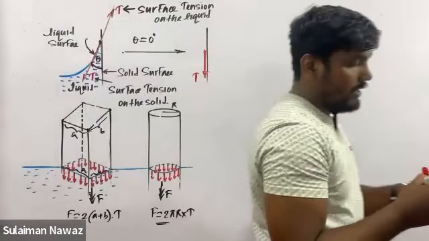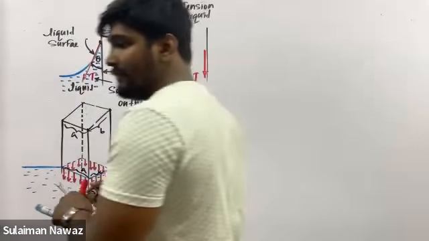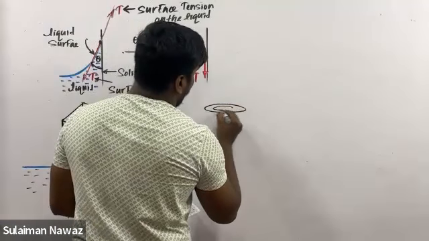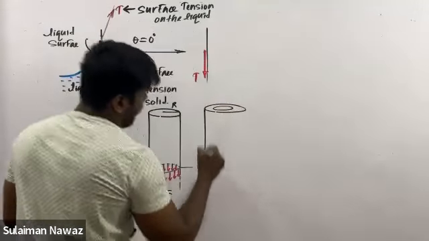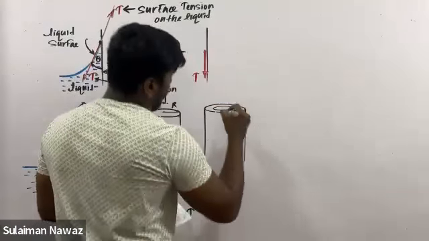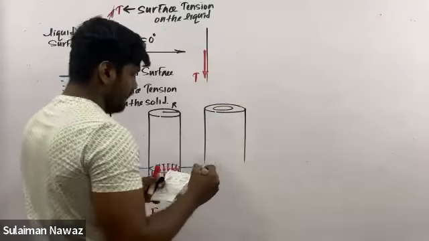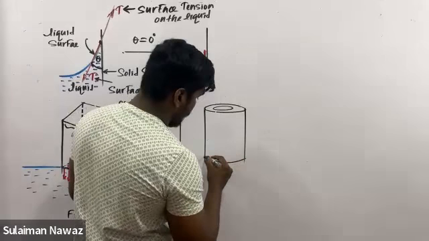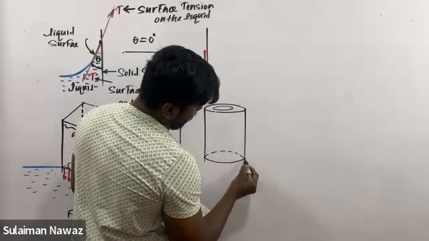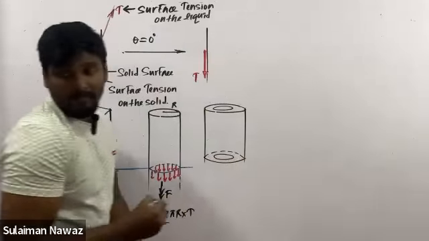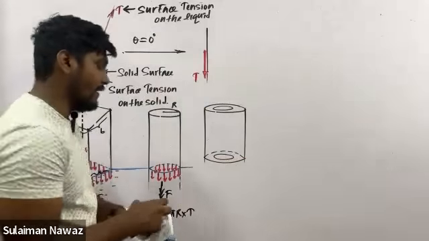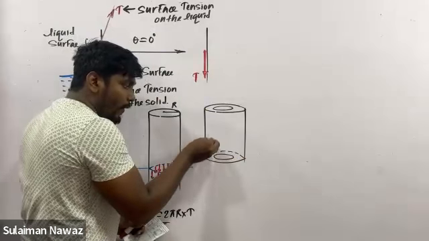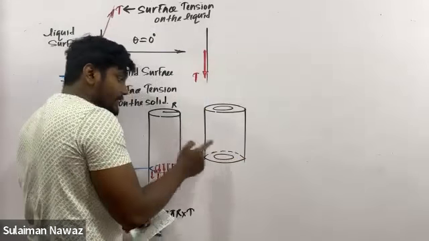Right? Now suppose there is a hollow cylinder. In this case, what is the total length of the hollow cylinder which touches the liquid surface?